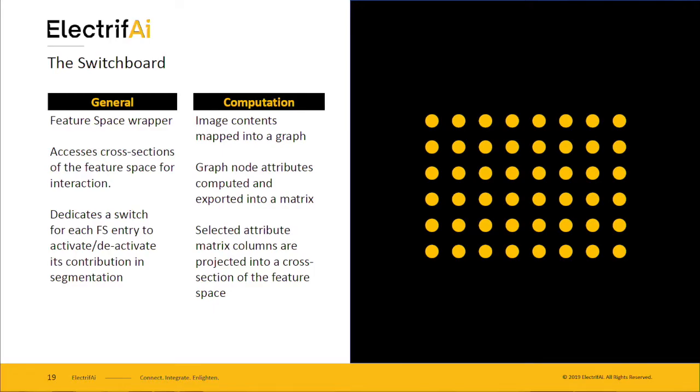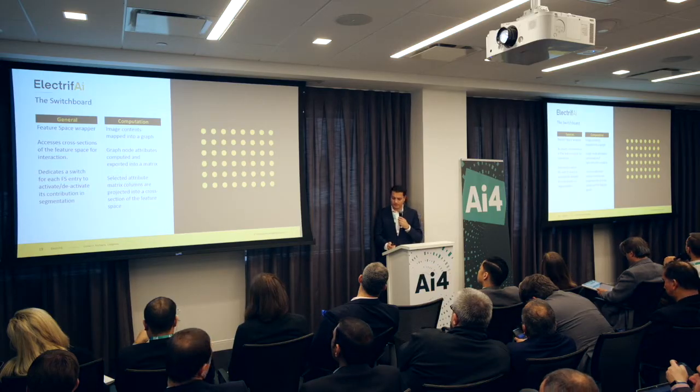It enables you to do these 2D and 3D cross sections of the feature space, for easy interaction with the data represented in the feature space. It allows you to go in there and decide which entries correspond best to the objects that you're looking for. You can do this in a fully automated manner, and I will show some examples later, or you can do it manually in the absence of good algorithms to do that for you.